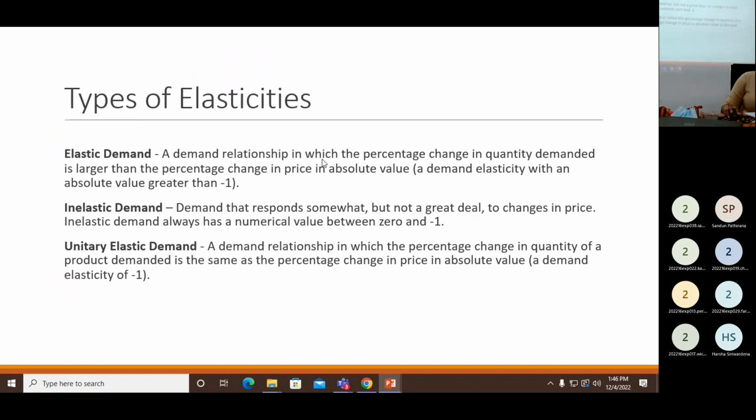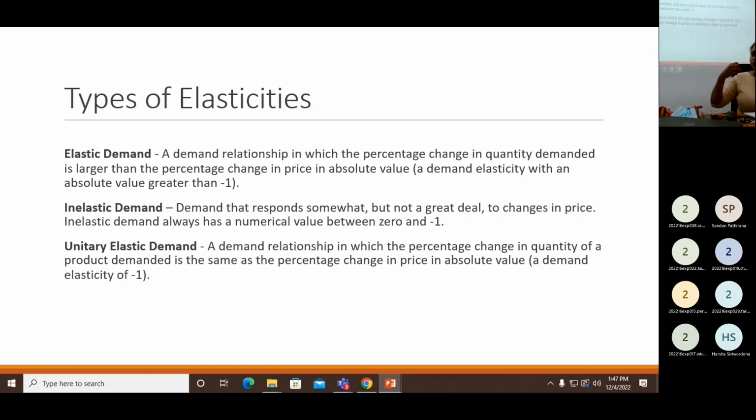A demand relationship in which the percentage change in quantity demanded is larger than the percentage change in price in absolute value, right? A demand elasticity with an absolute value greater than -1. Elastic demand is when your demand is not perfectly elastic, but it's elastic.